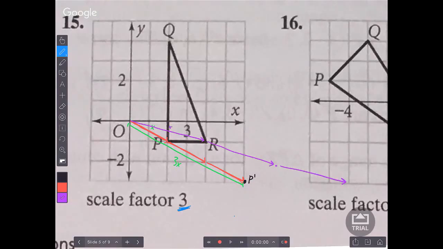So x, or let's call it y, and then this is 3y, 3 times as long. So here's R prime.